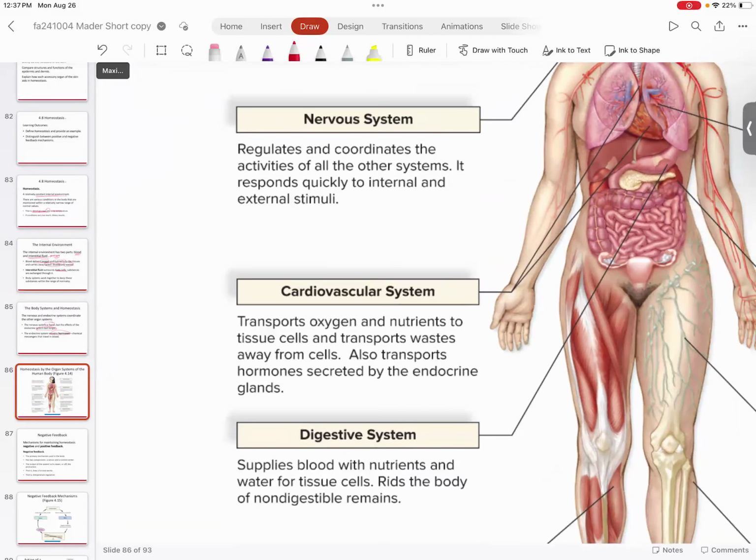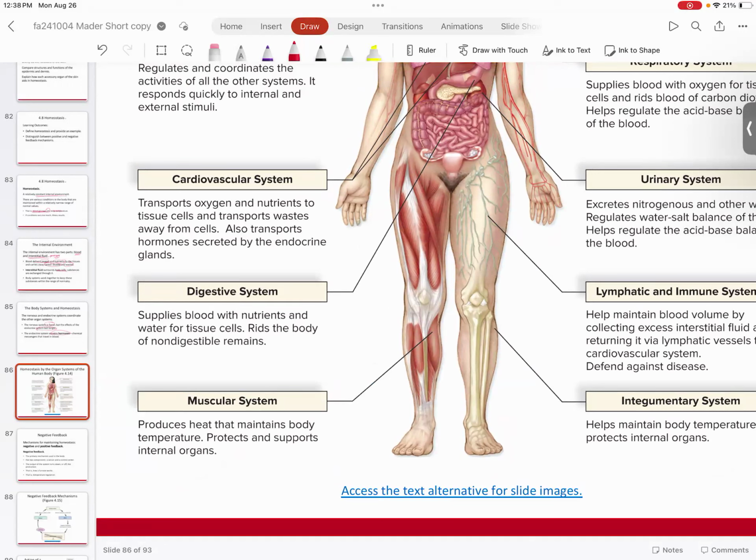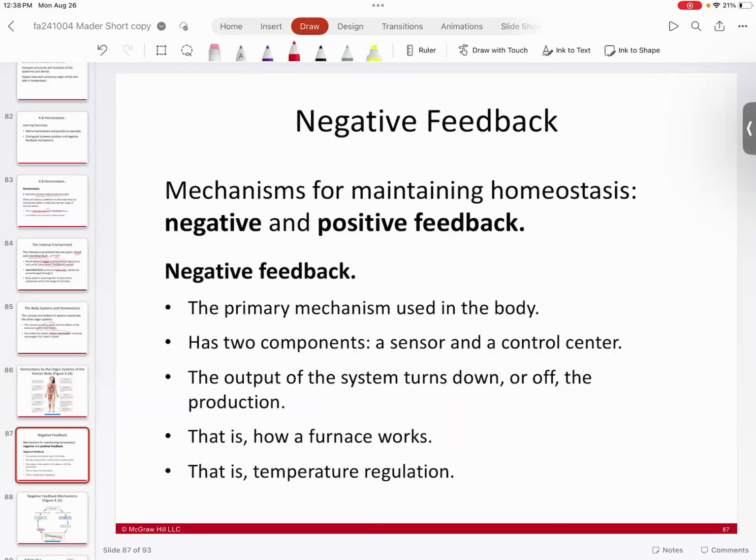The lymphatic system will maintain your blood volume and also your fluid in your tissues to make sure they're not getting swollen. The integument will basically maintain your body temperature and keep an internal thermostat, if you will, of your overall body temperature. And of course, your muscular system will produce heat if your core body temperature starts to drop, and that's also homeostatic. So you have a lot of delivery, two major homeostatic pathways in terms of temperature maintenance and also nutrients and waste.